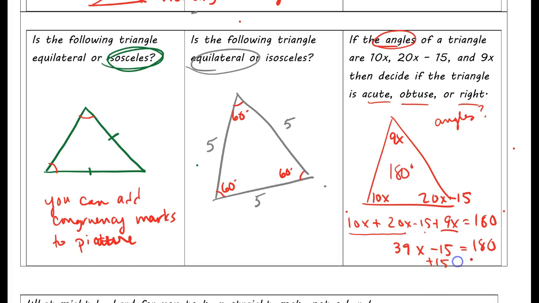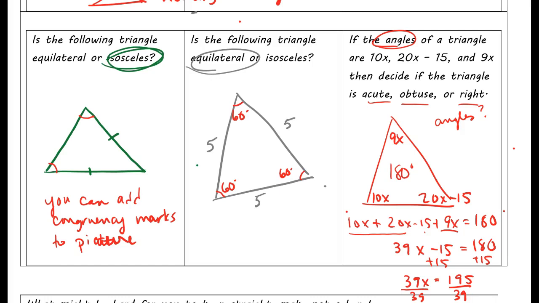Now I'm going to add 15 to both sides because I'm just trying to solve this out. And that would be what, 195? Is that right? And now I'm going to divide by 39. Now, does 39 go into 195? I sure do hope so. I may have to do this math out to the side.